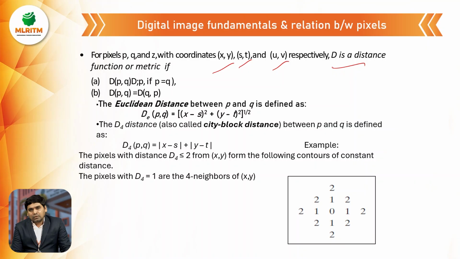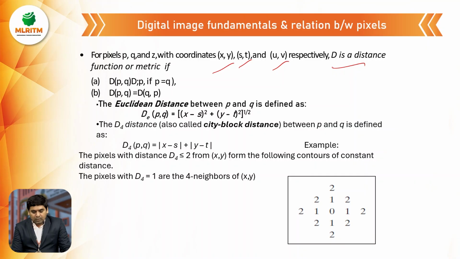Here x comma y is the coordinate of P and s comma t is the coordinate of Q, so the distance is ((x minus s) squared plus (y minus t) squared) to the power of 1 by 2.